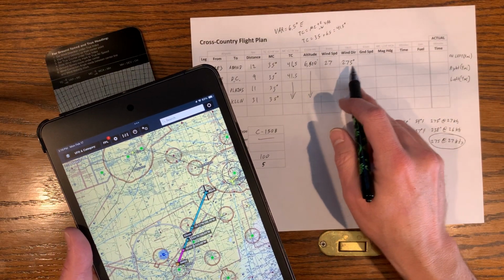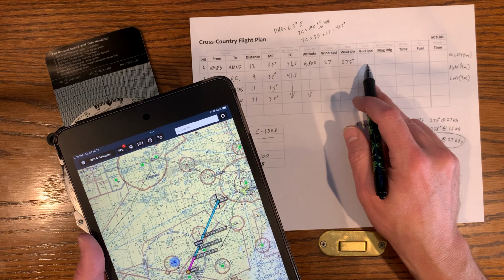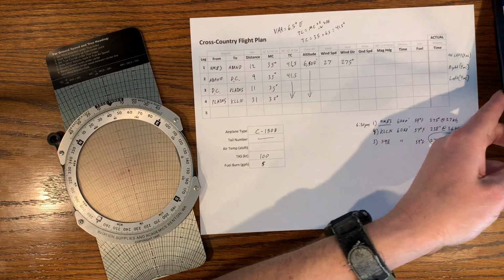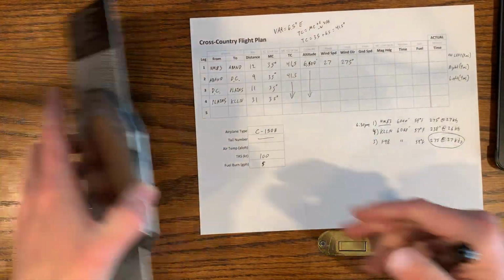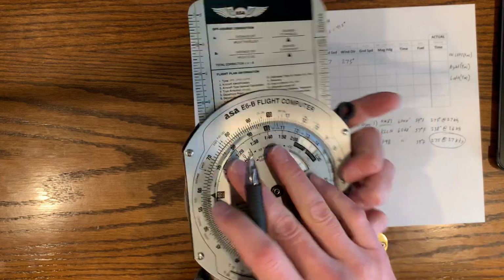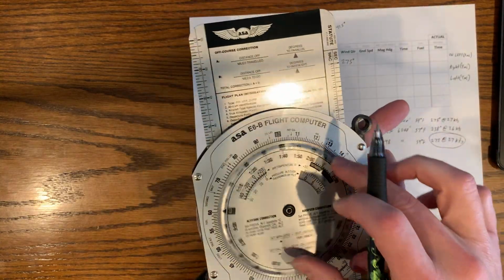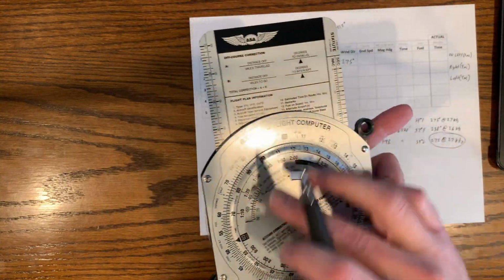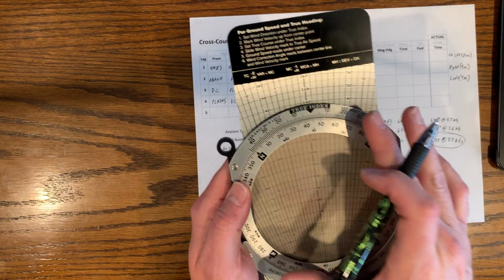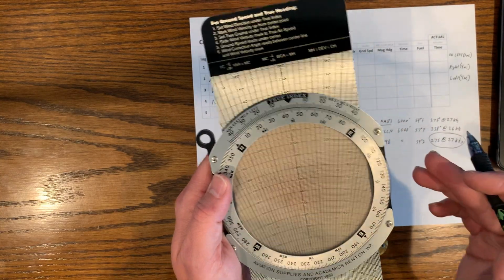So we got wind speed, wind direction, and then ground speed. Well, how do we calculate ground speed? Now we're going back to the E6B again. On your E6B, you got two sides. We have the rate or the speed side, and we have the wind side. On the wind side, you always start with the wind.